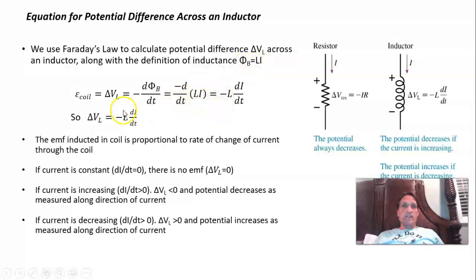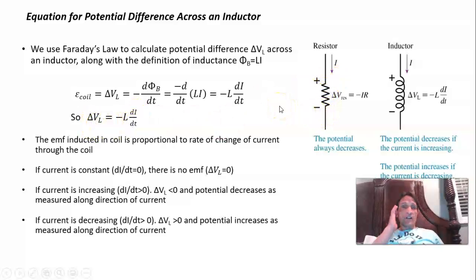L is a constant, and we get that the potential difference, or the voltage drop across the coil, is negative L di/dt. Okay, and so after all the bells and whistles, this is the equation which gives us the potential difference across the inductor.